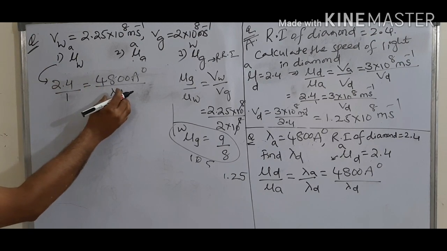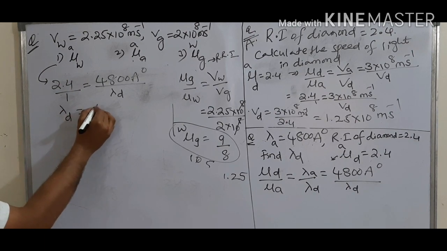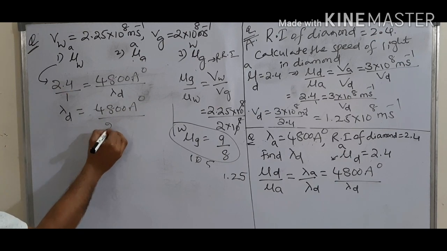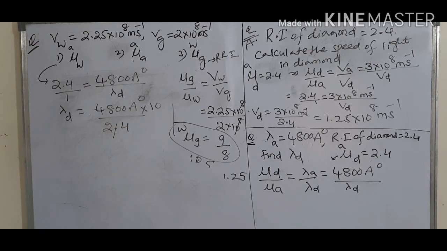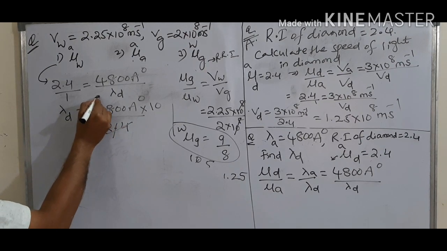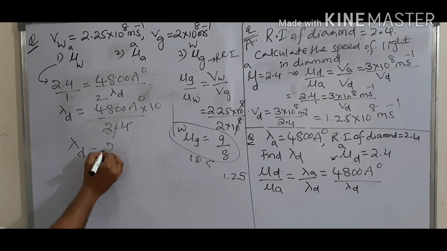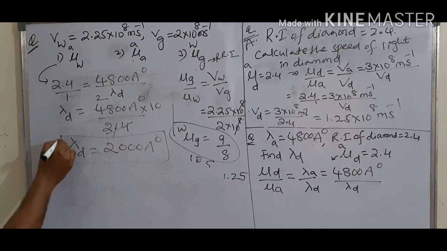Then the wavelength of light in diamond comes to this side: it is equal to 4800 angstroms by 2.4. Cutting the zeros, 48 by 24 is 2, so the wavelength of light in diamond is equal to 2000 angstroms.